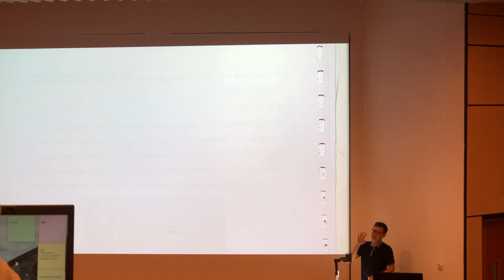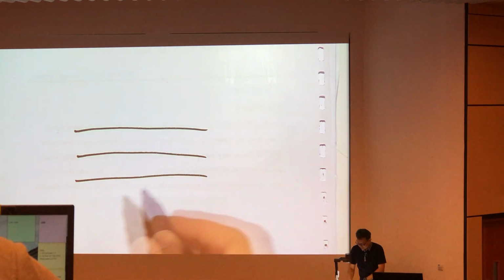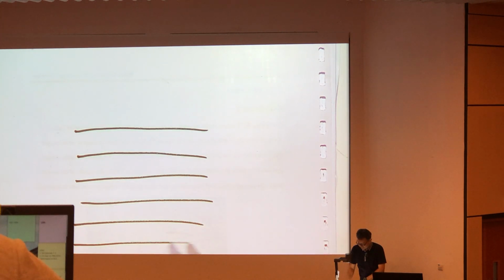The code is 4 digits, with values from 0 to 7, so 8 different values. The number of columns equals the number of digits, so 4 columns, and the number of rows equals the number of different values, so 8 rows: 1, 2, 3, 4, 5, 6, 7, 8.